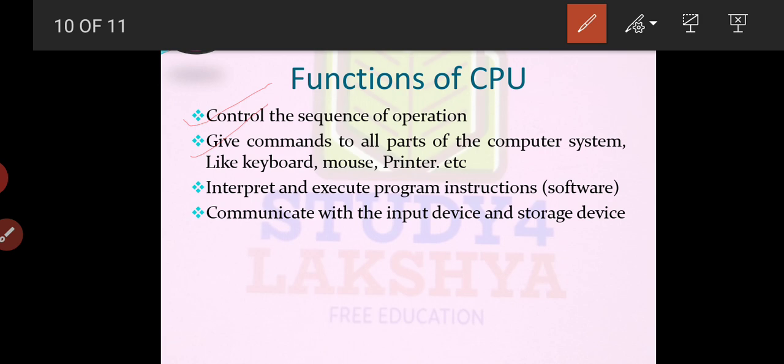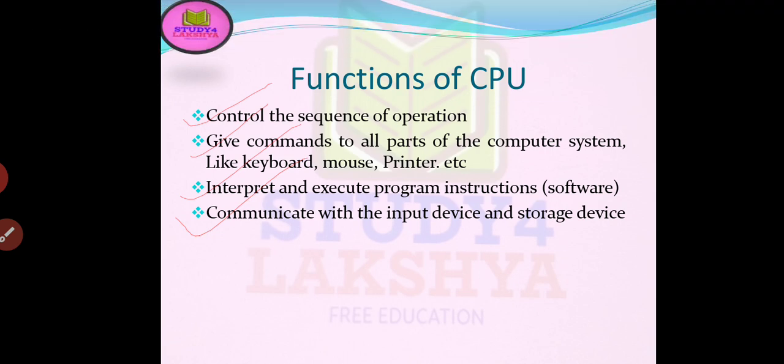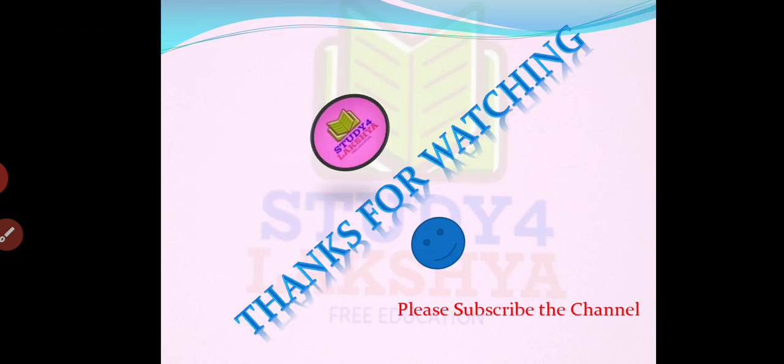It interprets and executes program instructions: whatever instruction is given, it interprets that instruction and gives output. It communicates with the input devices and storage devices. These are the functions of the central processing unit.